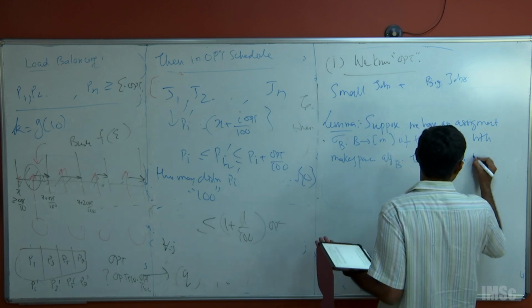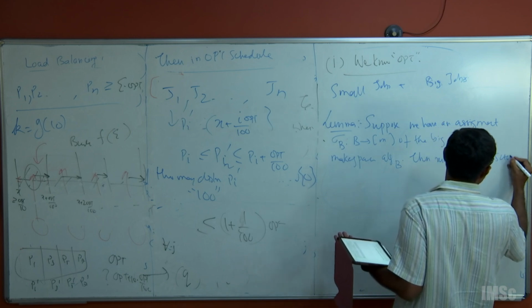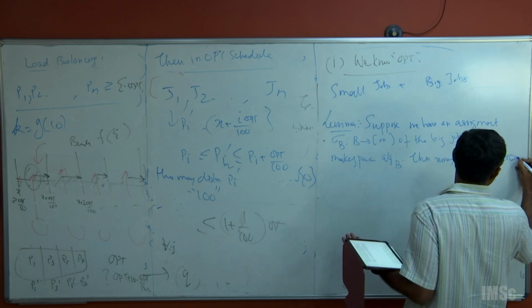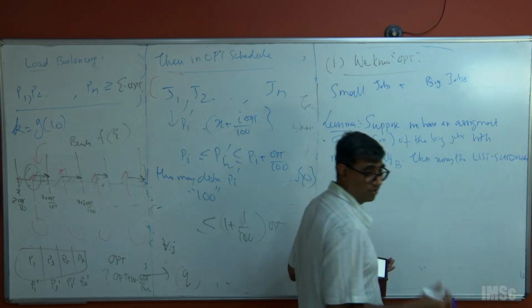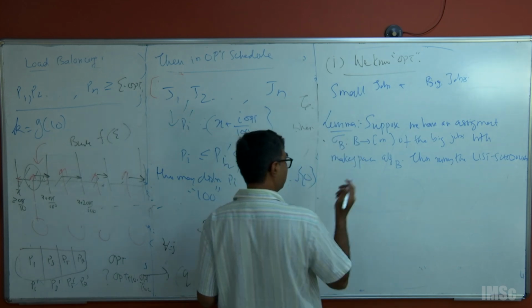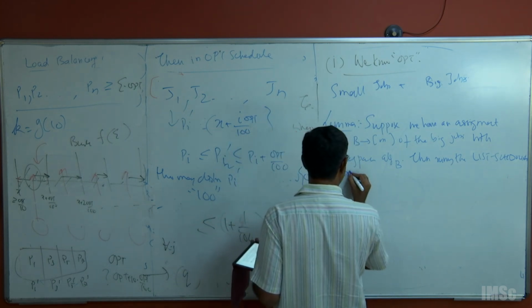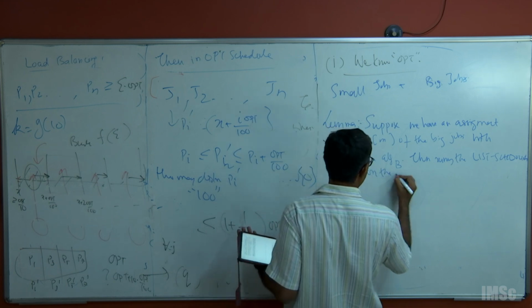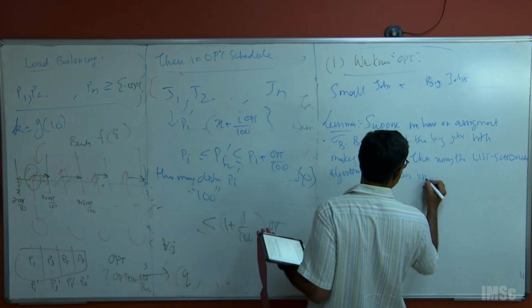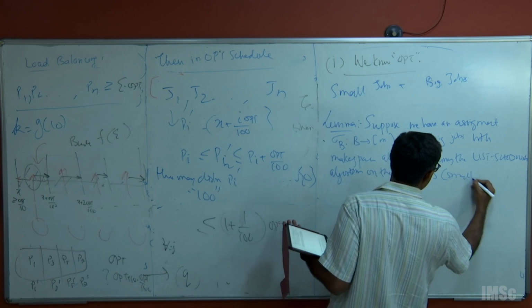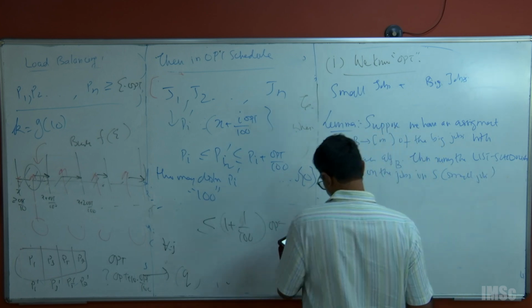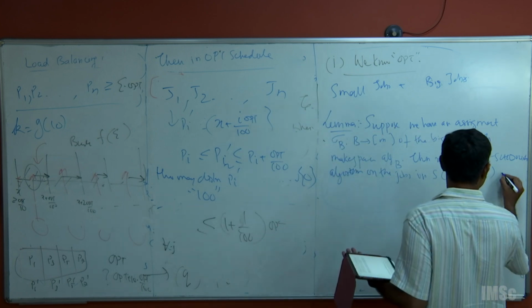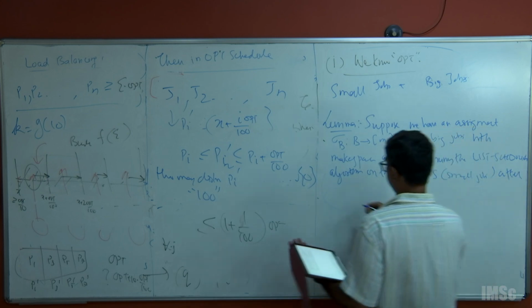Then run the list scheduling algorithm on the jobs in S, the small jobs, after having assigned the big jobs. I am not even asking you to run this greedy algorithm.